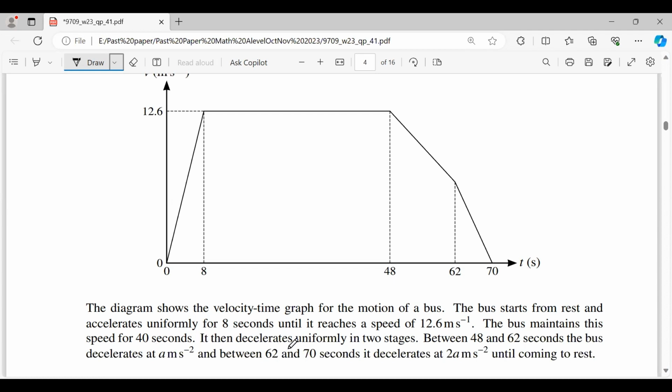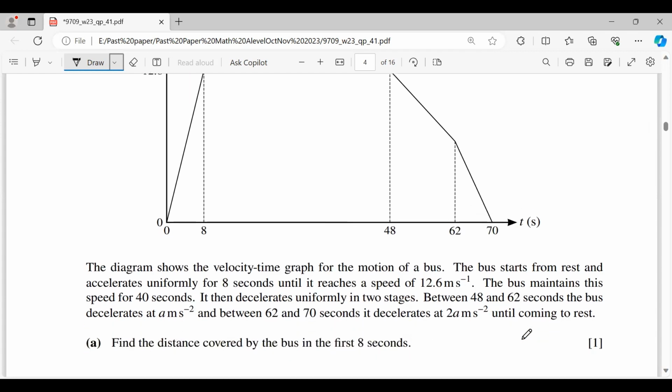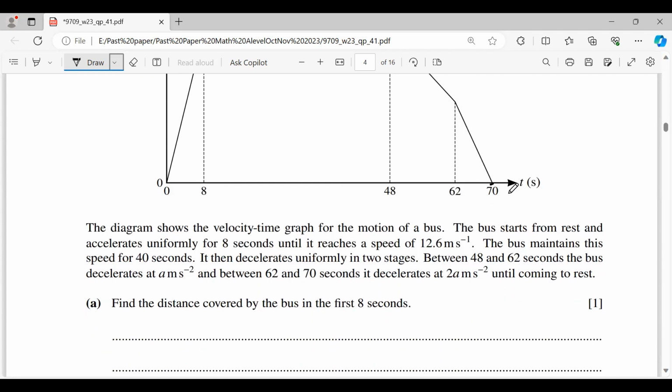It then decelerates uniformly in 2 stages. Between 48 and 62 seconds, the bus decelerates at a meter per second squared, and between 62 and 70 seconds, it decelerates at 2a meter per second squared until coming to rest. So coming to rest here on this point, right?